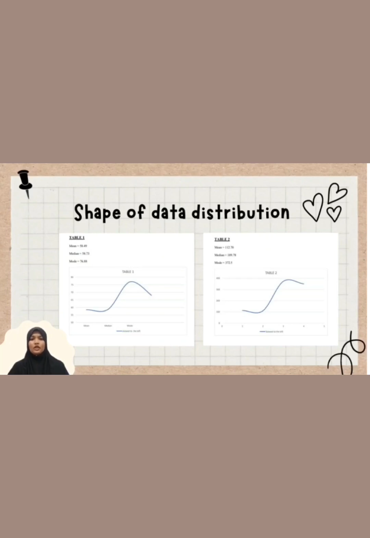So the shape of the data distribution shown is skewed to the left, while in table 2, the mean is 112.70, median 109.78, and mode is 372.5. So the shape of the data distribution shown is skewed to the left.